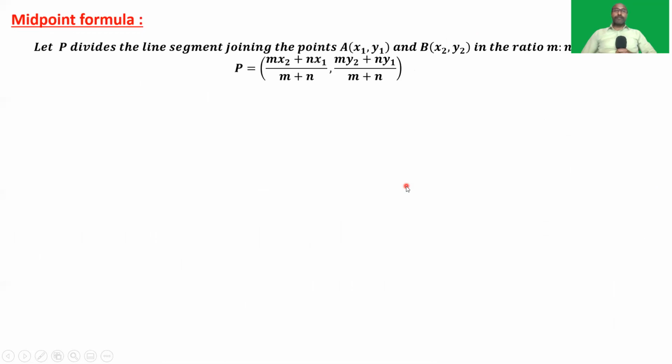Now, using the section formula, we can find the midpoint formula. So let P divide the line segment joining A(x1, y1) and B(x2, y2) in the ratio m is to n. Then P is equal to mx2 plus nx1 by m plus n, my2 plus ny1 by m plus n. We already derived this.